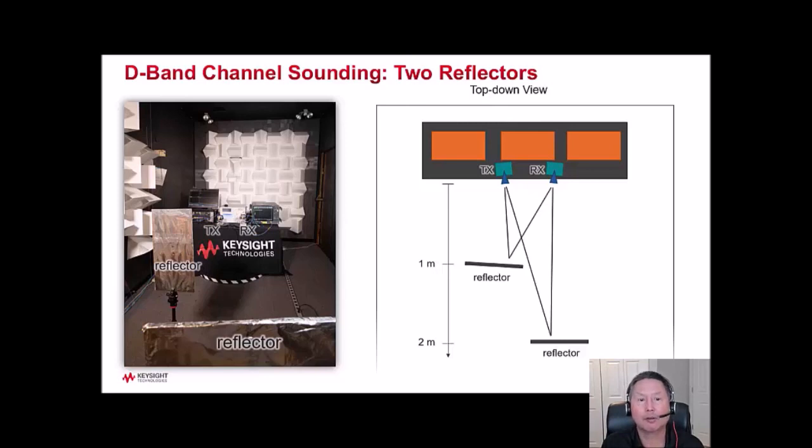The black rectangle represents the table, and the orange boxes represent the instruments on the table. There are two signal converters, each with a horn antenna. The two reflectors are placed roughly 1 meter and 2 meters away from the transmit and receive antennas. When the sounding signal is transmitted, the receive antenna will see two main reflections of the transmitted signal, separated in time.